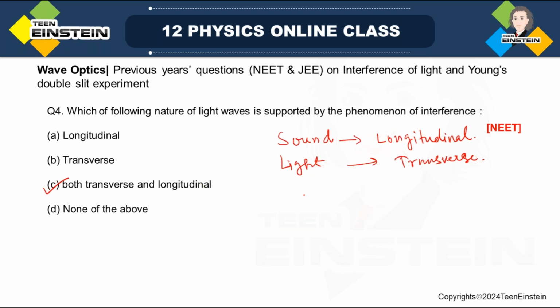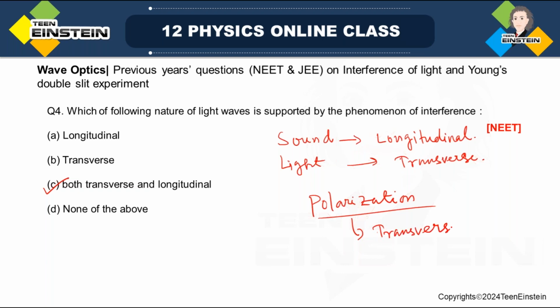When we learn about polarization, there we will see that polarization cannot occur in the case of longitudinal waves. Polarization refers to the transverse nature of light.